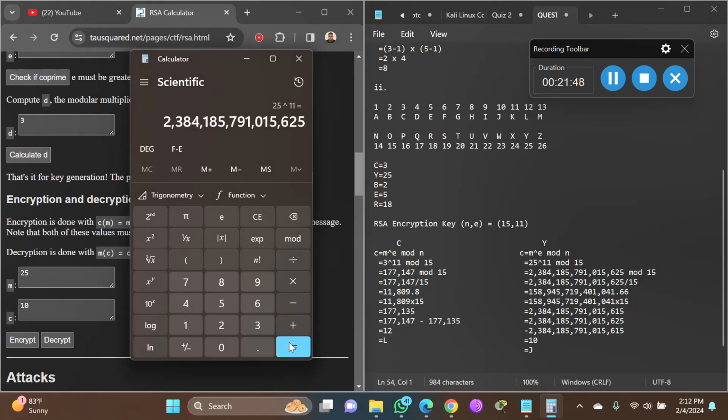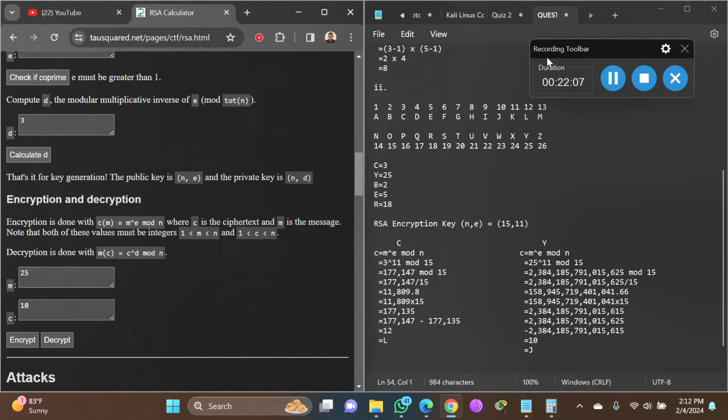Then you get that. After doing that, you can say mod, then 15. So you get 10 still. So it's correct.